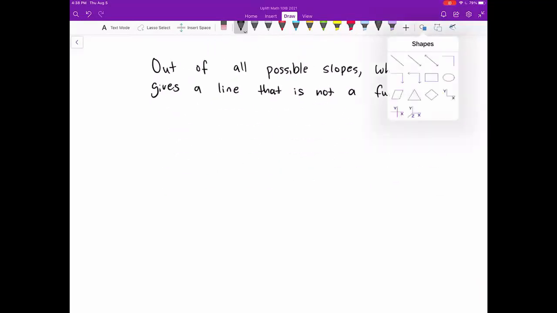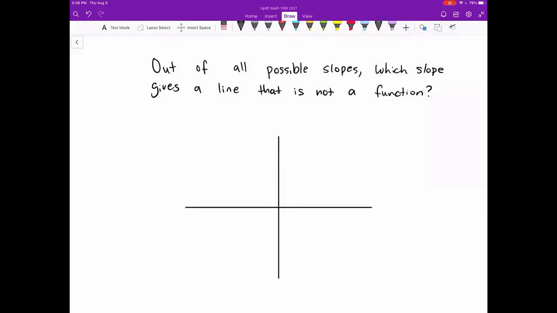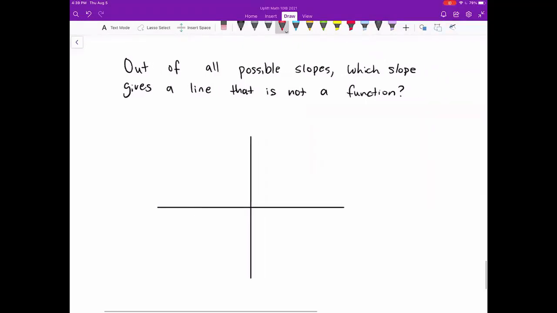When we have a slope, we assume it's just a straight line. Of all the possible arrangements for a straight line where it can fail the vertical line test, it's when it's basically vertical. A vertical line would fail the vertical line test because it passes through all the possible values. And the slope of a vertical line, which we talked about in a previous lesson, is undefined.